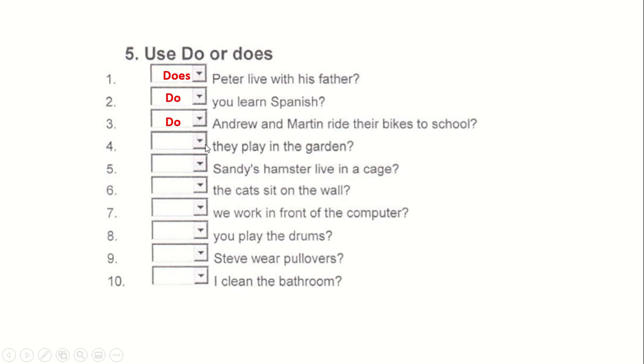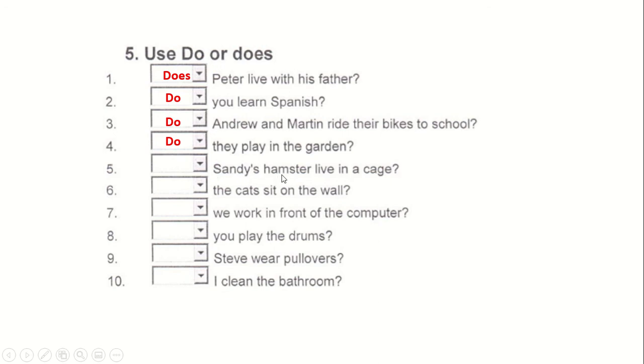Number 4, they play in the garden. It's clear here, the subject is they, so we use do. Number 5, Sandy's hamster live in a cage. So who are we talking about here?